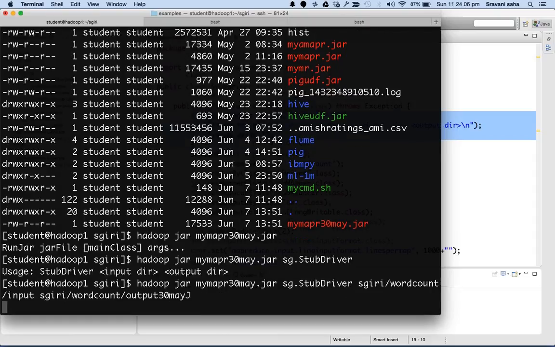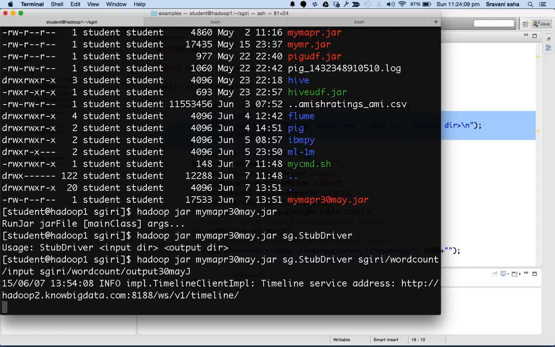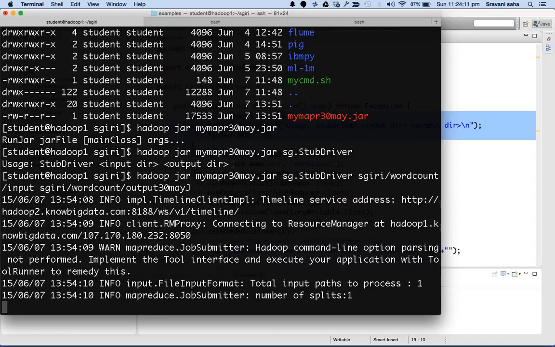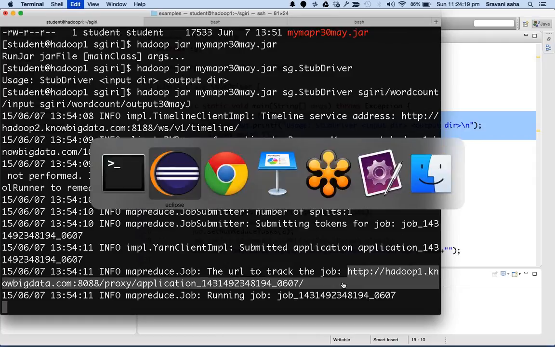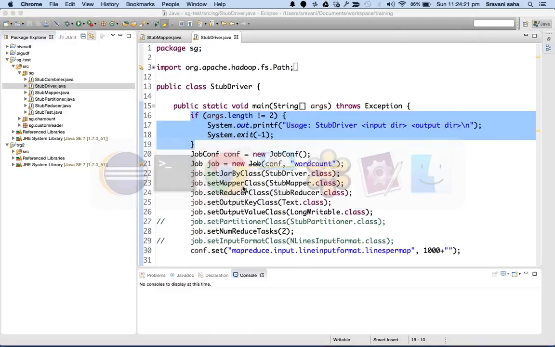Now it should start processing the data. All right. So it has started running our code, and let's have a look at what's going on with the job.